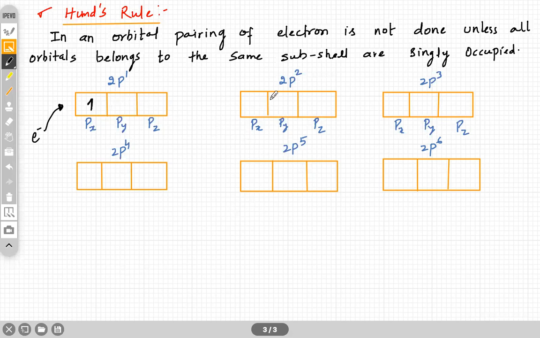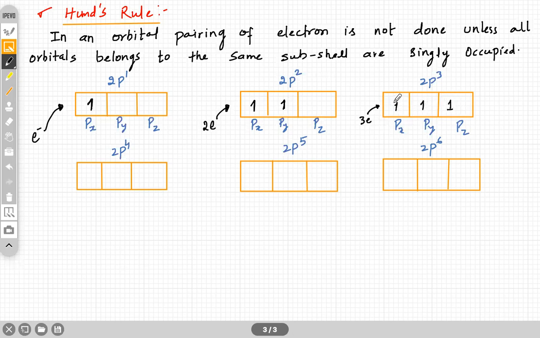Now suppose you have two electrons trying to fill into this orbital. Then one electron comes over here. The next electron goes into which orbital? According to Hund's rule, it will go into the next orbital, which is here. Pairing is not possible now. If it is 3 electrons, then one electron will go into each orbital first, 1, 1, and 1.